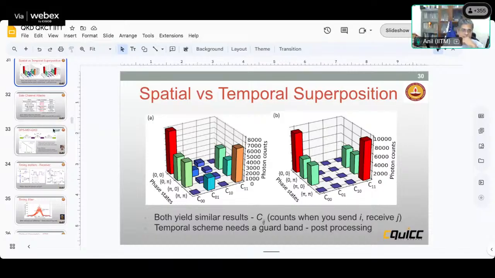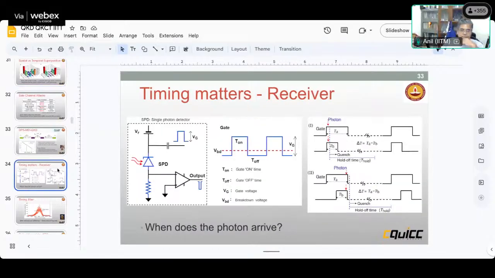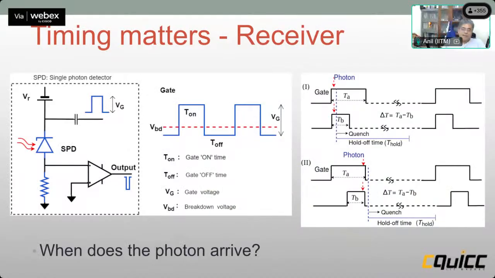Now, one of the things that is important is timing, and timing matters, right? When we say that we are receiving a photon, everyone wants to know at what time did we receive the photon. And this is how a single photon detector works.